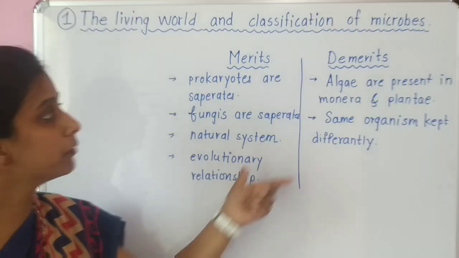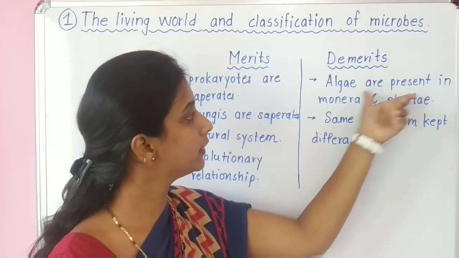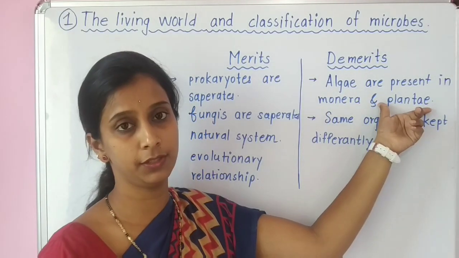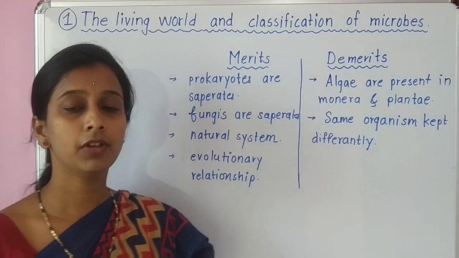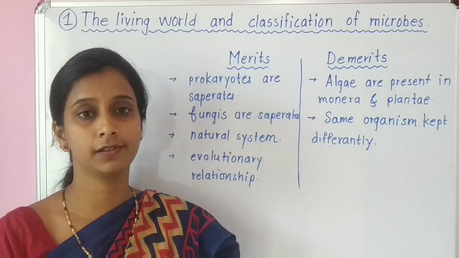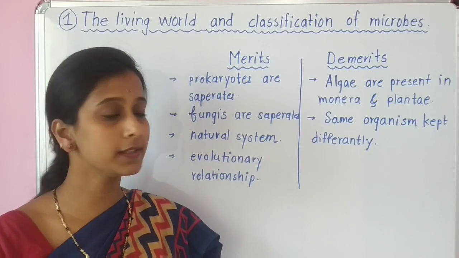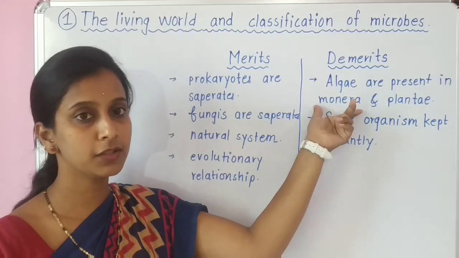Now we will see some demerits. We know that algae are present in both Monera and Plantae. We studied just before that blue-green algae are present in the first kingdom, Monera.